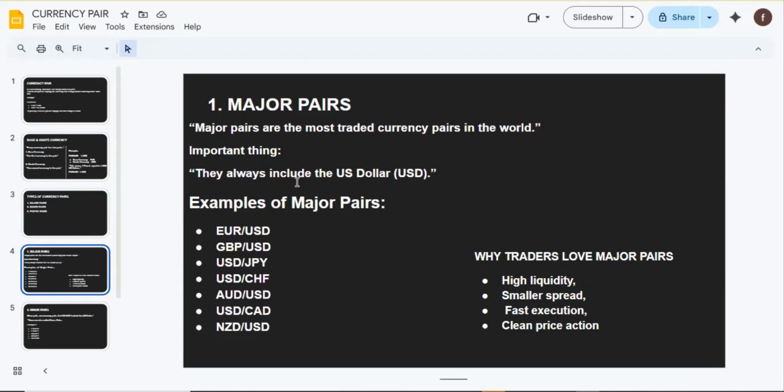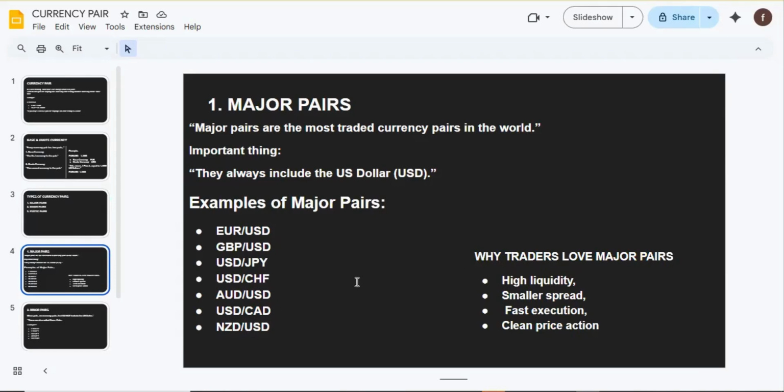For example, we have Euro USD, GBP USD, USD JPY, USD CHF, AUD USD, USD Canadian dollar, and New Zealand dollar USD. So we have 7 major pairs.